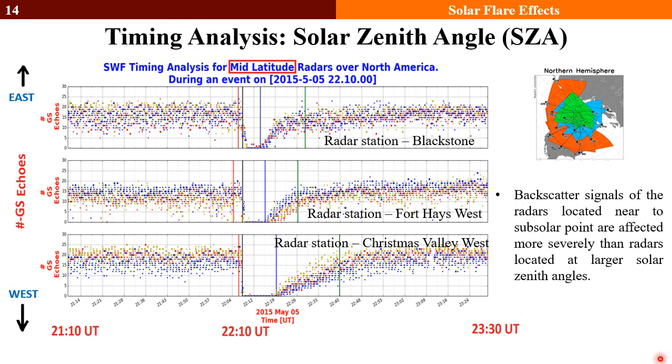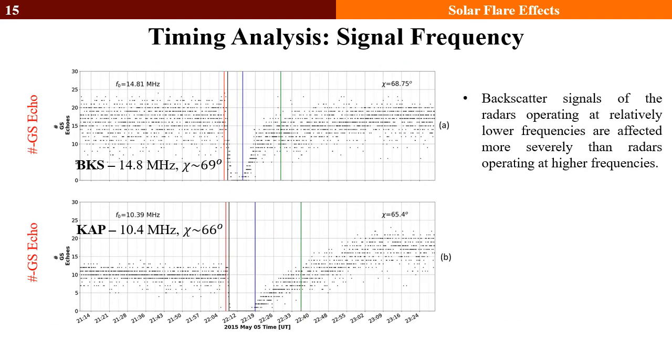This is expected, and you can clearly see that radars located away from the subsolar point are impacted less severely than radars located near it. Similarly, we found that the backscatter signal of radars operating at relatively lower frequencies is affected more severely than that of radars operating at higher frequencies.